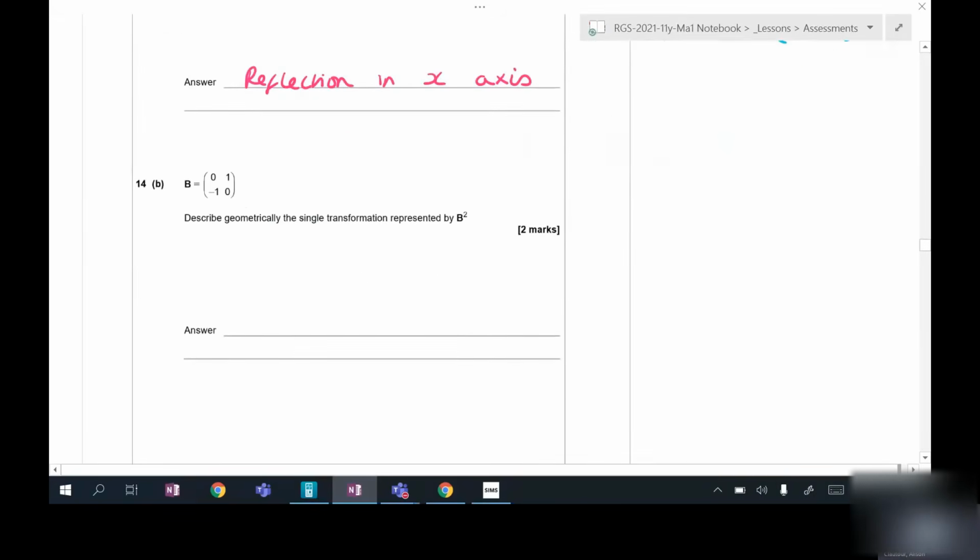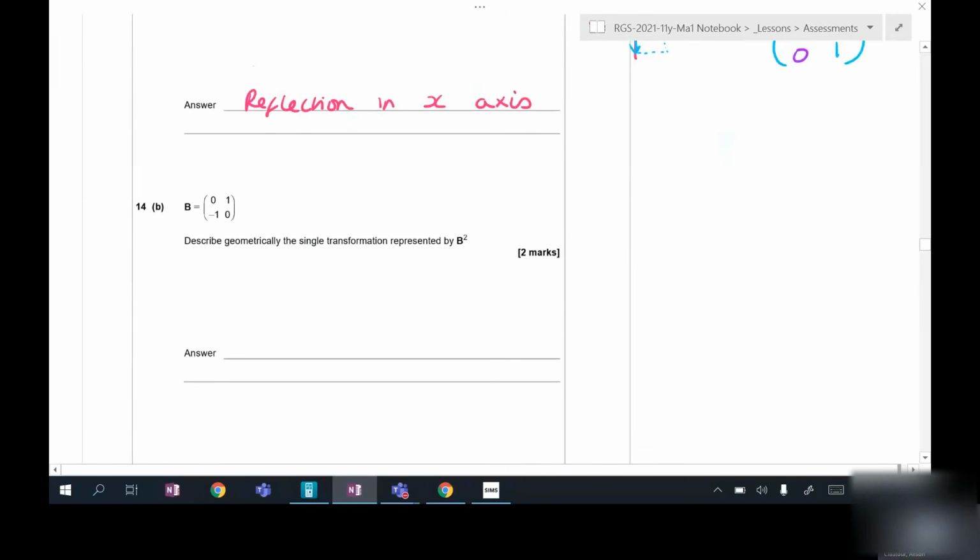If we think about the next one, so b squared, if we multiply those matrices together, so remember you do 0 times 0 and then 1 times minus 1 and add them together, so it gives you minus 1.